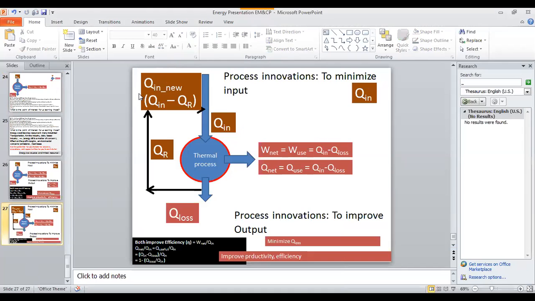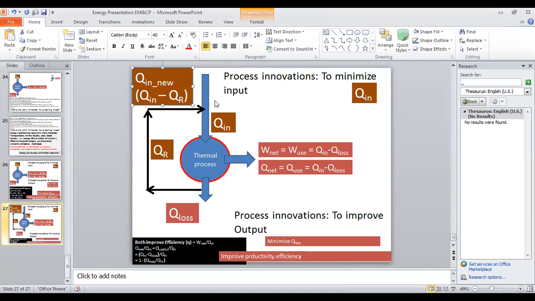See, it is less because you are recovering a portion back.